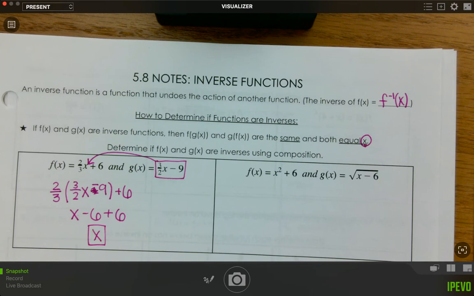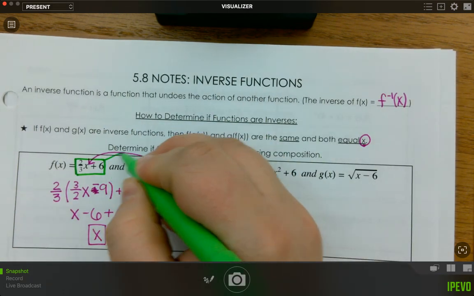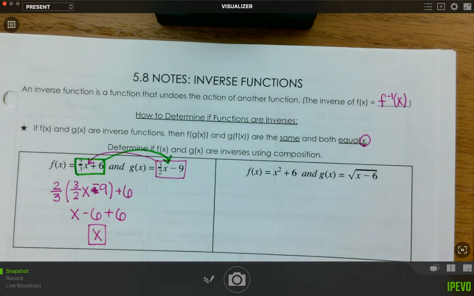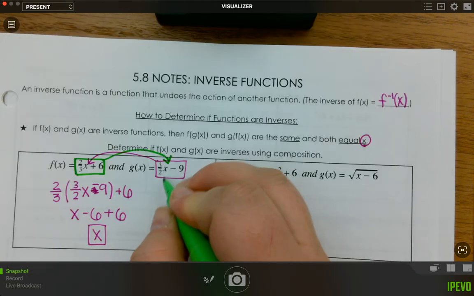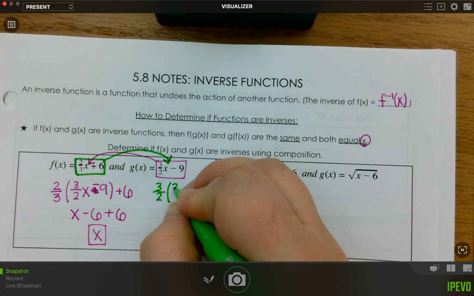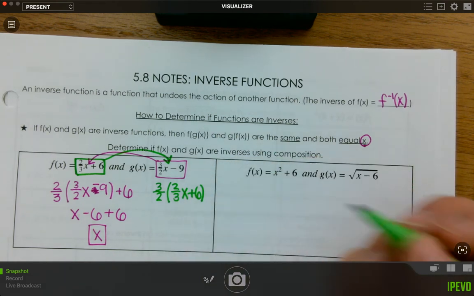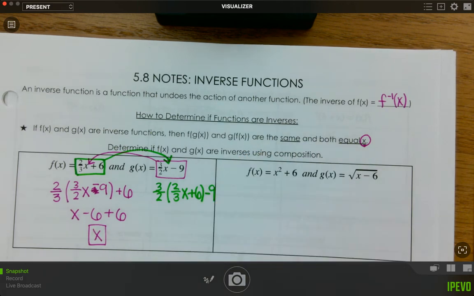And just to prove it to you, I'm going to take this and plug it in over here instead to show you that it doesn't matter which way you check. So this one, plugged in over here, will have a 3/2 out front. 2 over 3, x plus 6 goes in my parentheses. And then the -9 is left at the end.